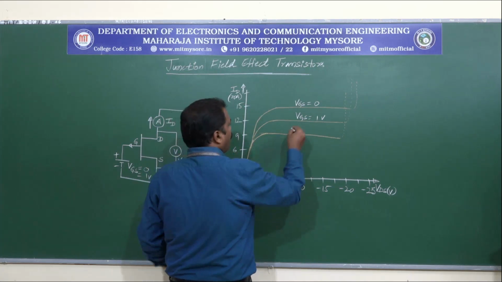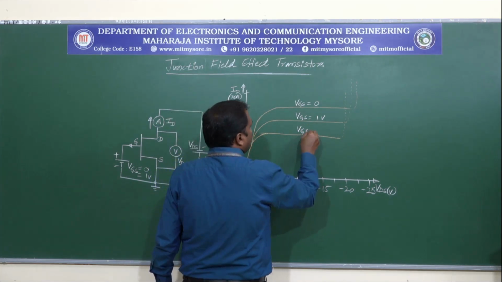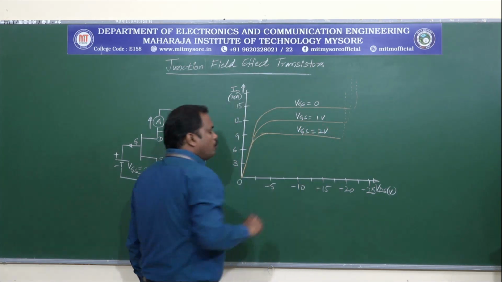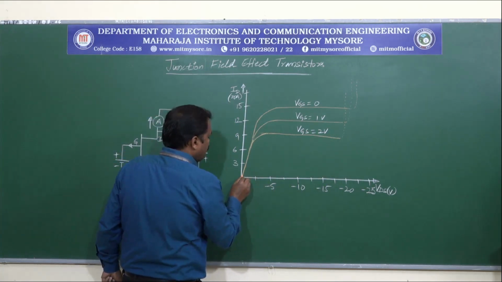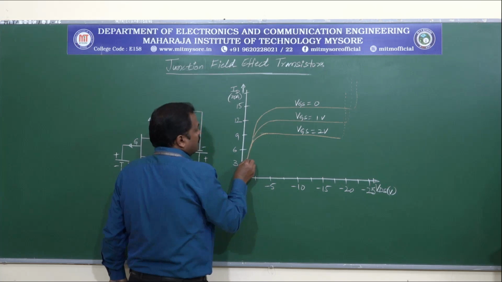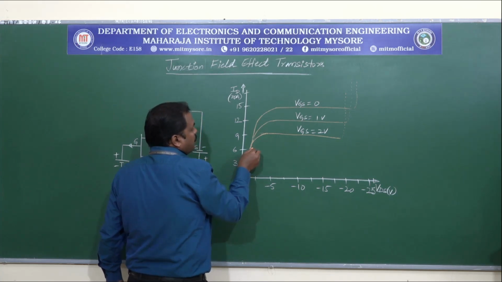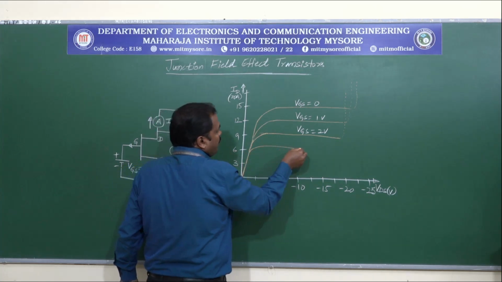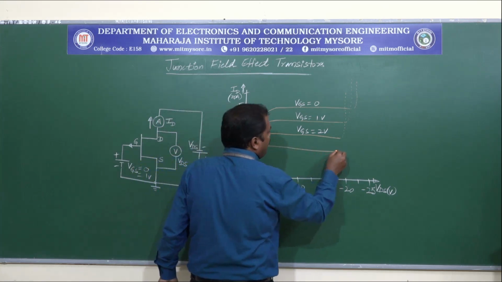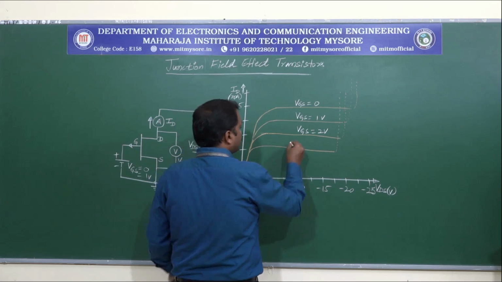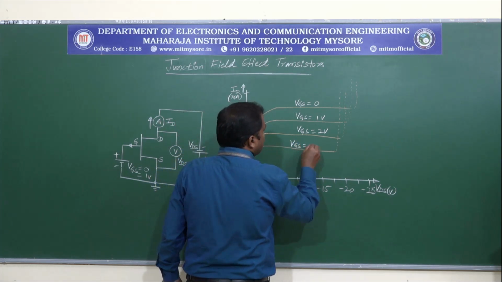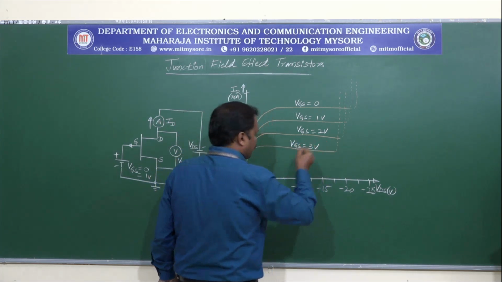So this is for VGS equals 2 volts, and for VGS equals 3 volts, the characteristics will look like this, and again the breakdown occurs at an earlier value. So this is for VGS equals 3 volts.